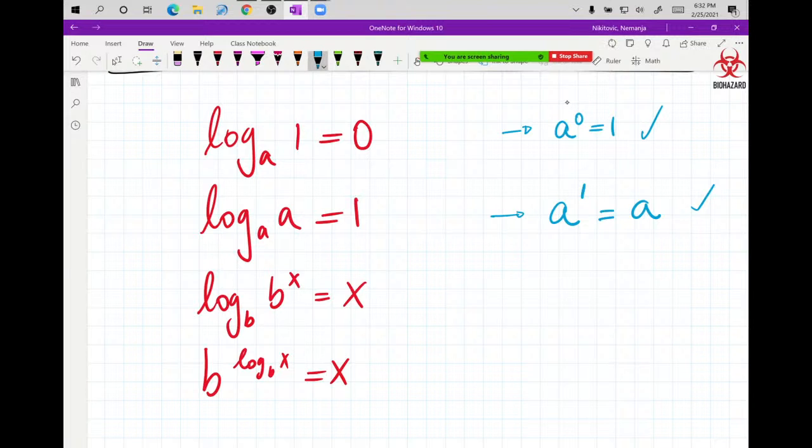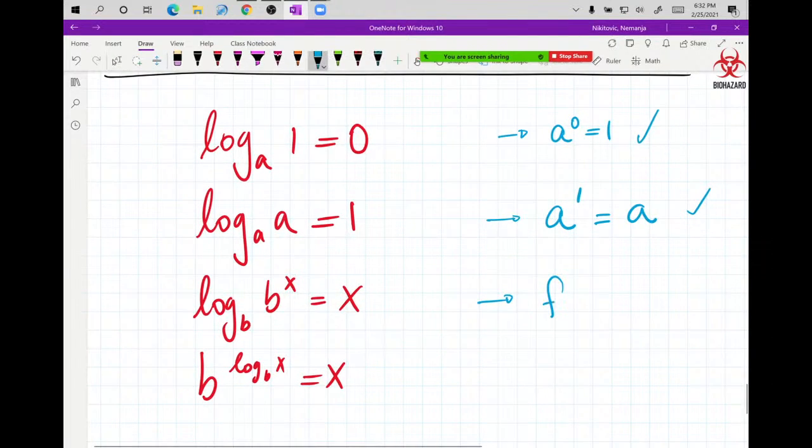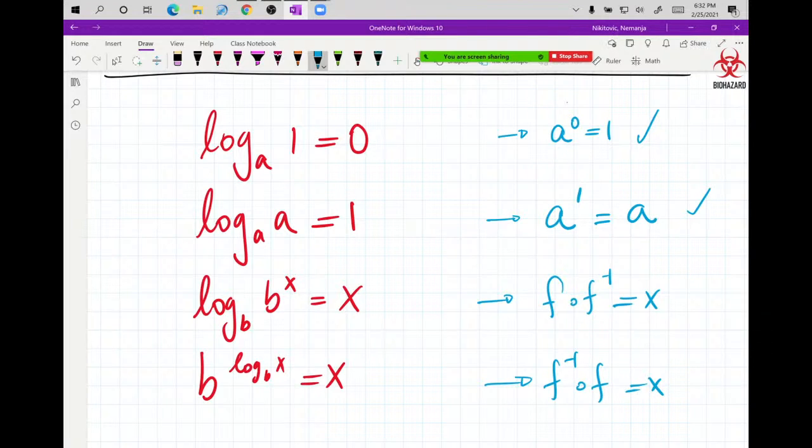So I'm just going to point out that a function composed with the inverse is equal to x, and the inverse composed with a function is equal to x, which are just those basic ideas from 1.8. Again, further reinforcing this knowledge that logarithmic functions are the inverses of these.